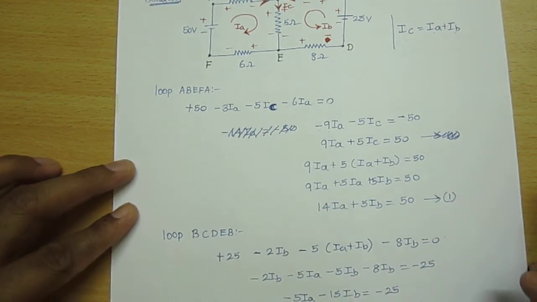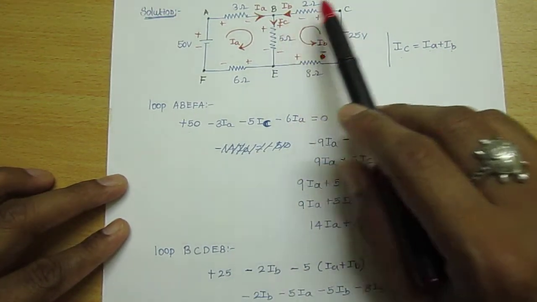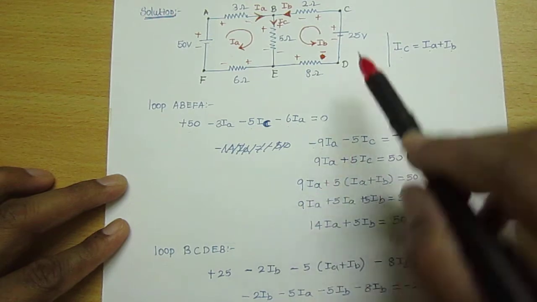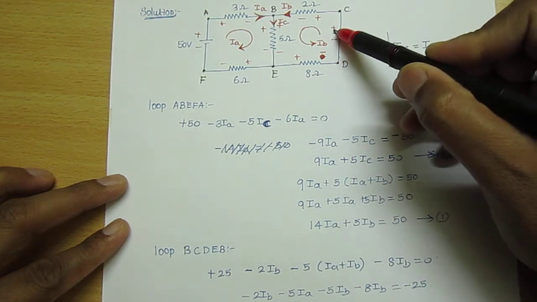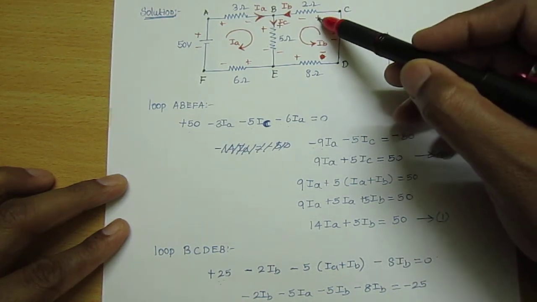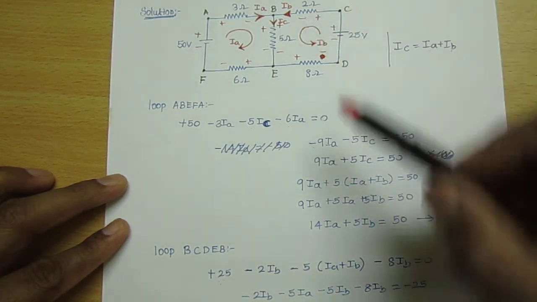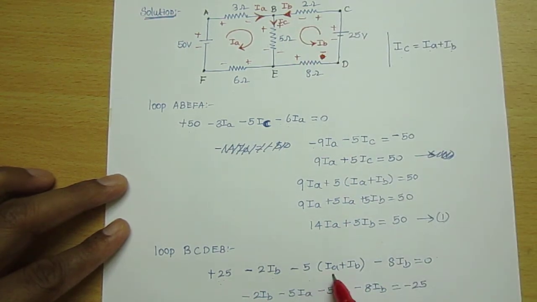Now in loop 2, see here, in loop 2 B, C, D, E, B, so here it is in anti-clockwise direction from lower value to higher value, so I am taking this as plus 25, and then this is from higher value to lower value, so it is minus 2IB, higher value to lower value, minus 5 times IA plus IB.